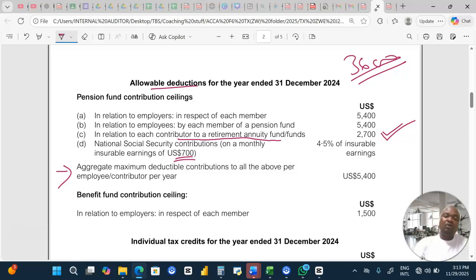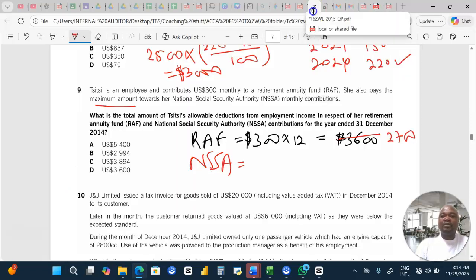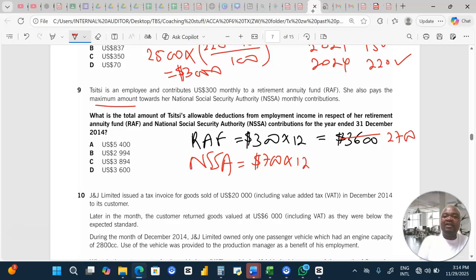All right, so let us compute this amount. The amount of contributions which could be deductible for tax purposes. Let us get to the question paper. We are talking of $700. 700 multiplied by 12, multiplied by 4.5%.